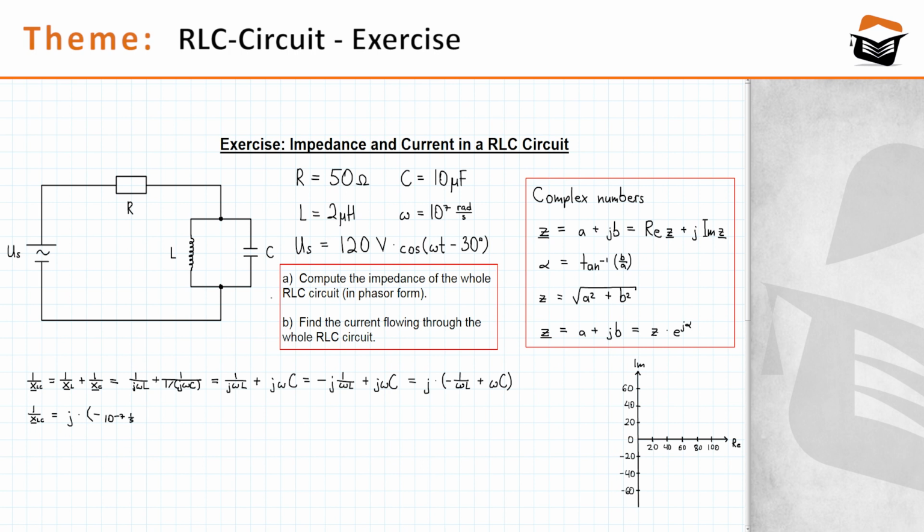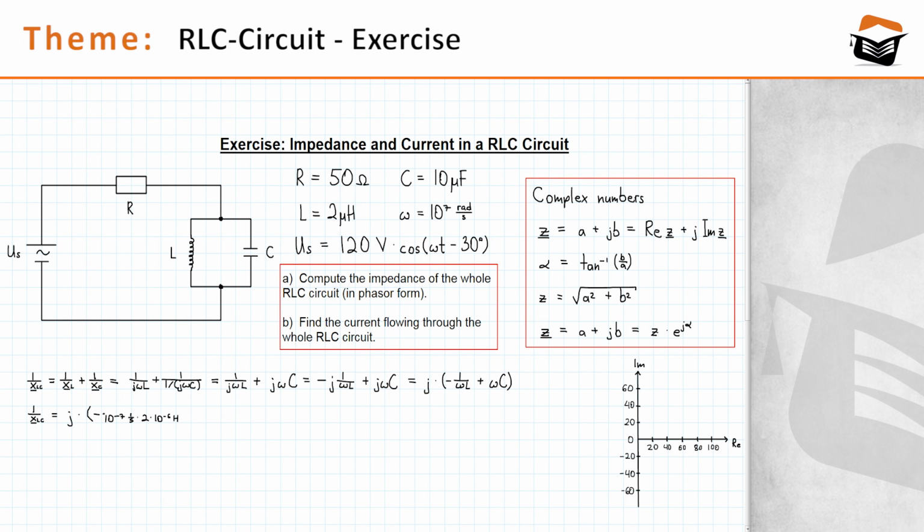That's for the angular velocity, times 2 times 10 to the minus 6th power Henry, the unit for inductance. 2 times 10 to the minus 6th power is equivalent to 2 microhenry.